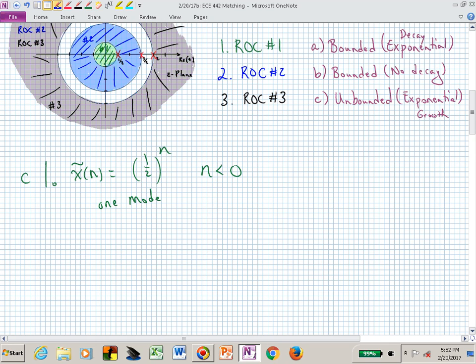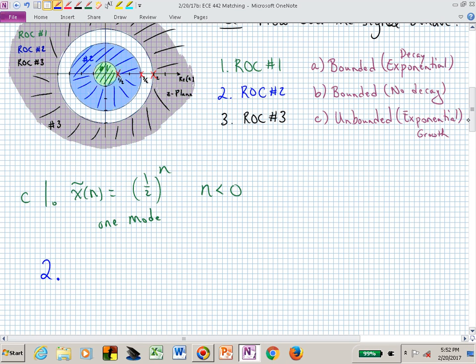All right, number 2. Region of convergence number 2 is this annular region, and I want to know, is it bounded, decaying exponential for A, up, horizontal, or unbounded for down?